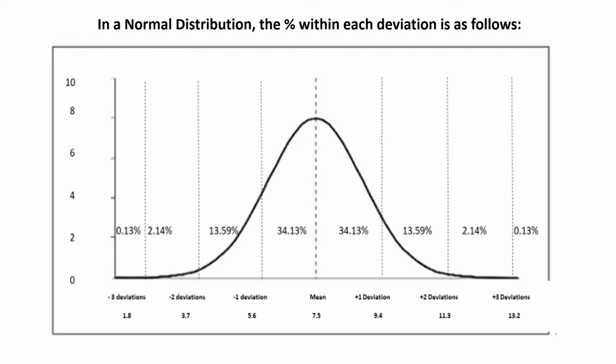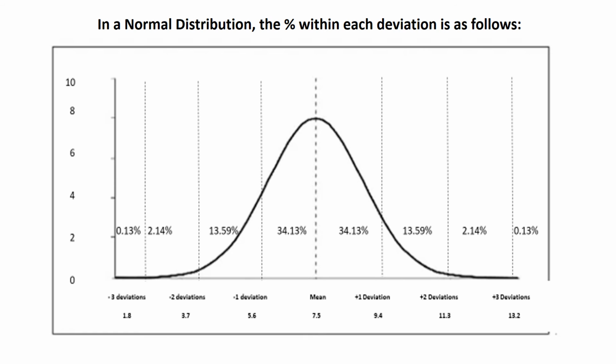In other words, if I have 1,000 concussions I'm measuring, 680 of them will fall between -1 deviation and +1 deviation. And based on this deviation, if I have 1,000 concussions, 68% of all the individuals, or 680, will cover between 5.6 and 9.4 days.